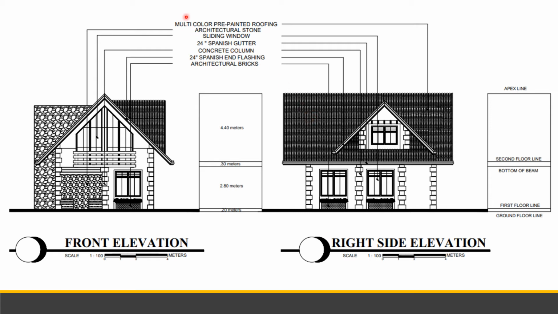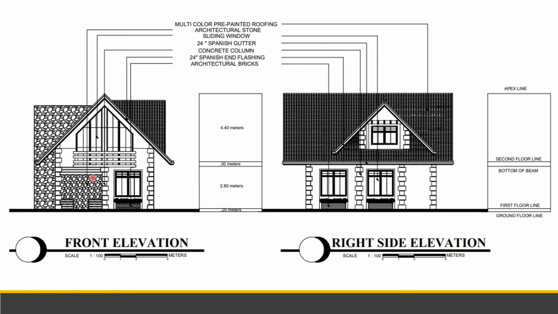This is multicolor, kasi kung drawing lang, hindi mo maintindihan kung ano yung material na ginamit. So kailangan meron siyang label or indications kung ano talaga yung ginamit na material doon sa roof, sa wall. So this is a multicolor pre-painted roofing, and then ito is architectural stones.